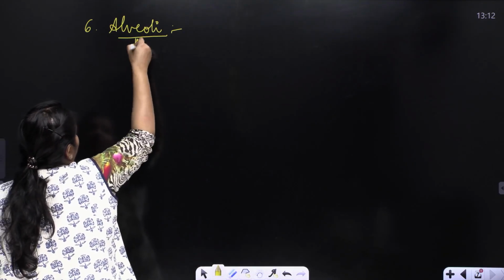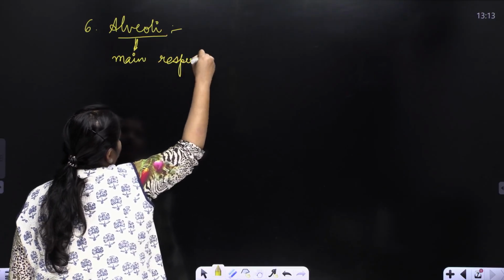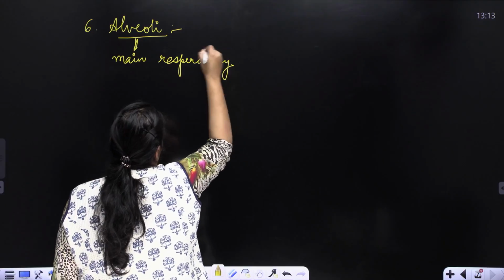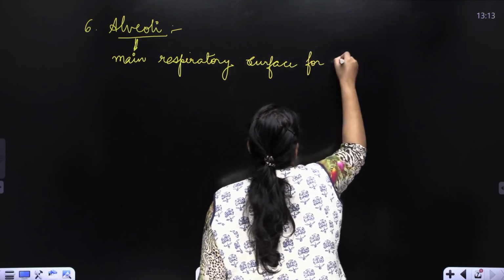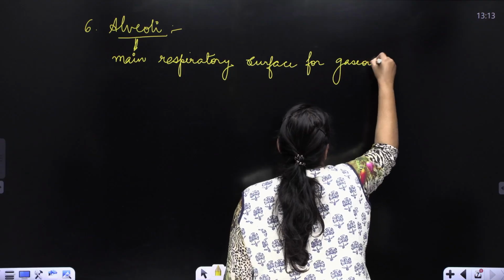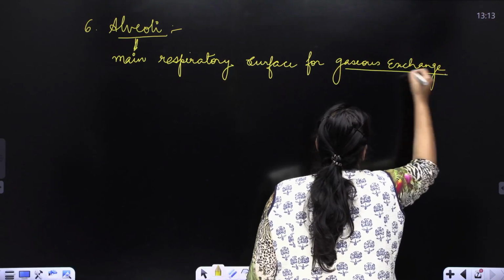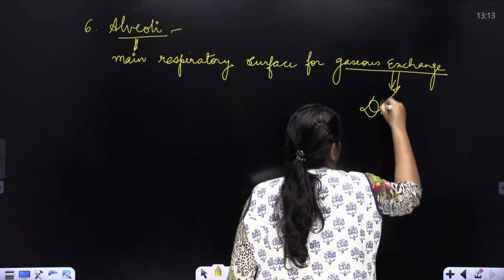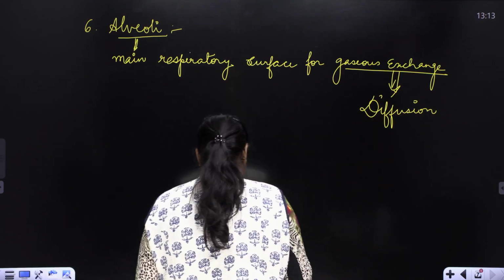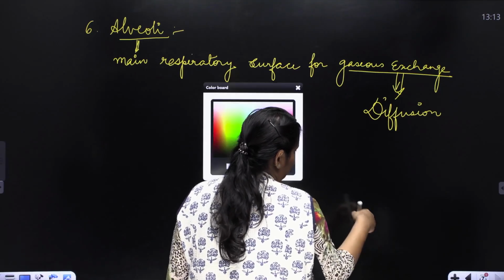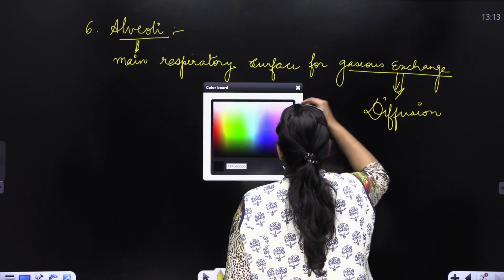So this is the main respiratory surface for gaseous exchange. And gaseous exchange is taking place by the process of diffusion. So you have to remember this thing.